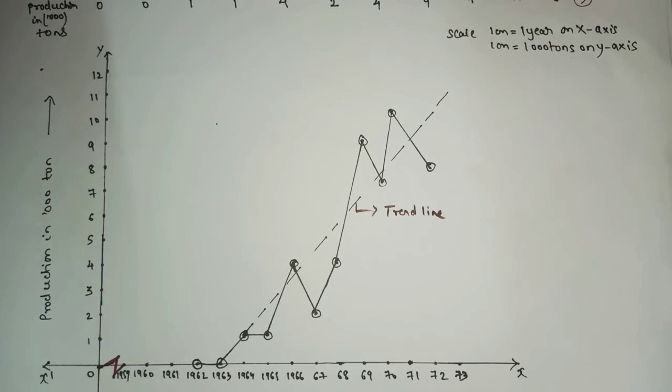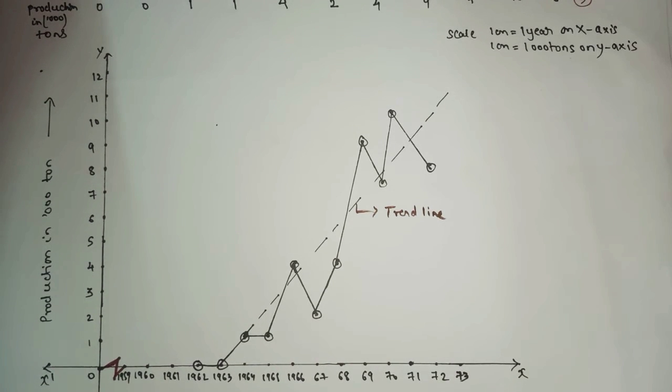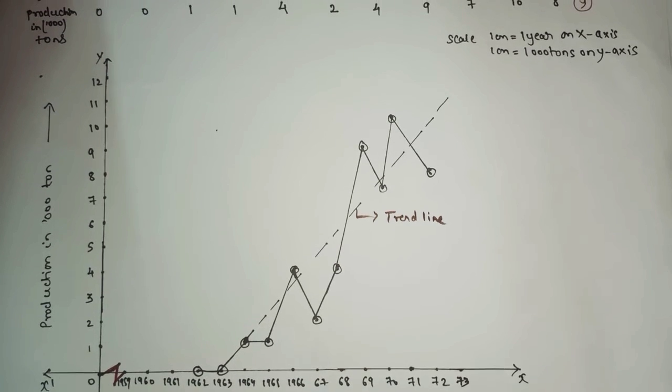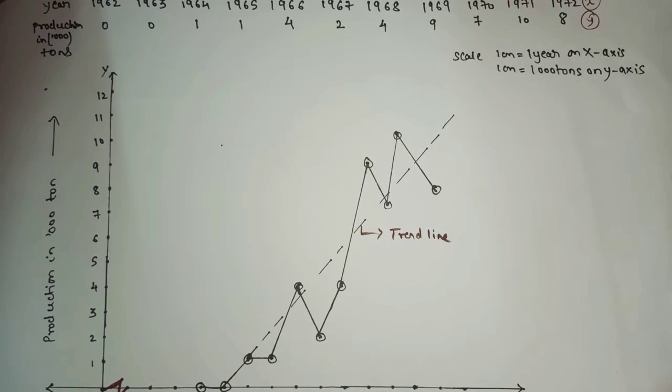Okay, I hope you all understood how to fit the trend line on the graph paper or else on the paper. In the exam, if they provide graph paper, it is compulsory that you draw the graph on the graph paper only, or else on the paper.